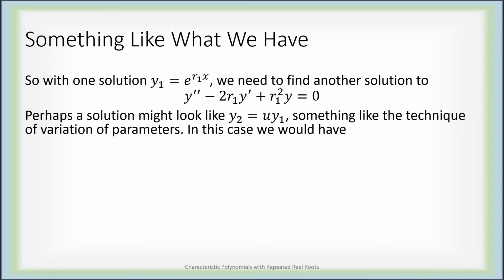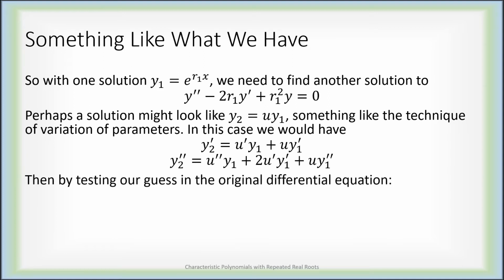So this looks a lot like the variation of parameters technique. Then I can compute the first derivative and the second derivative by using the product rule. Now I take this y2 double prime, y2 prime, and y2, and I stick it back into the original differential equation at the top of the screen.